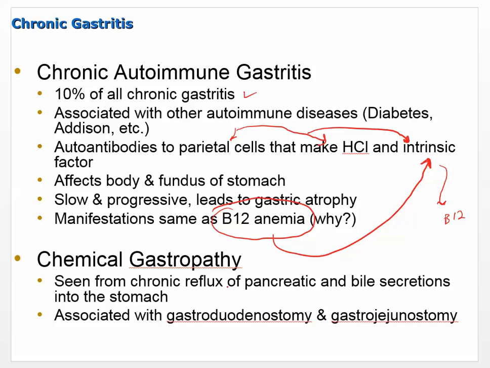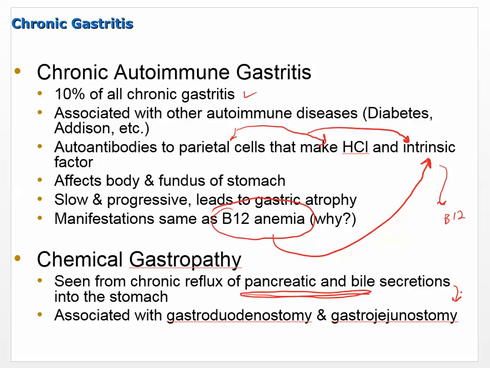So chemical gastropathy. I didn't think about this before. So chronic reflux of pancreatic and bile secretion. Remember, the pancreas and the bile are making enzymes, but they're supposed to be putting those in the small intestine.